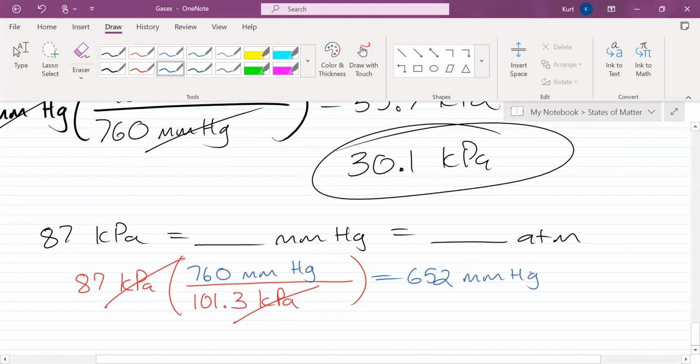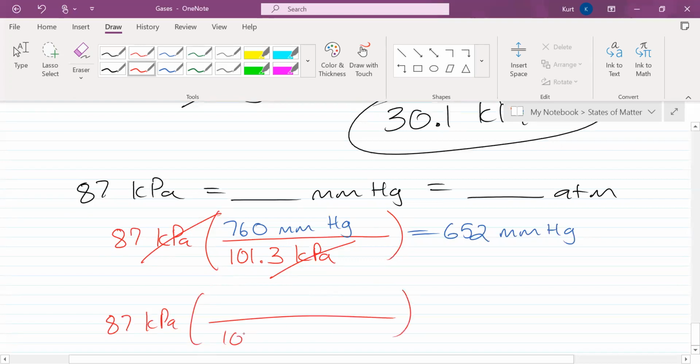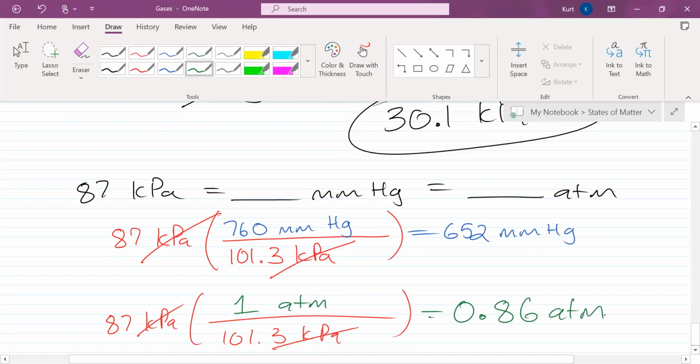Okay, for millimeters of mercury, you hopefully got 652, which if you want to get the proper sig figs would be 650. And for atmospheres, I have 0.86 atmospheres.